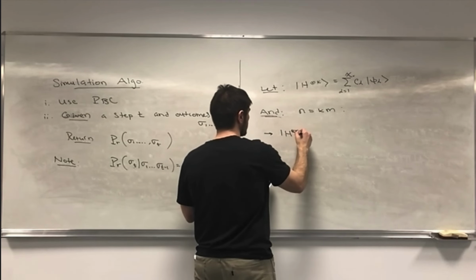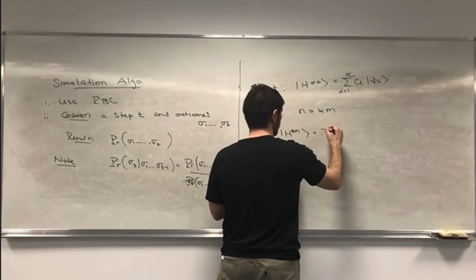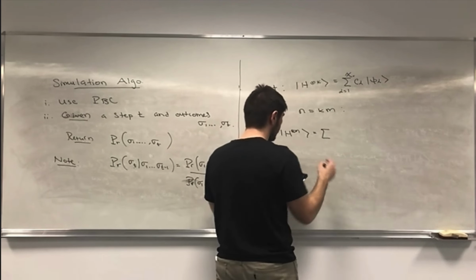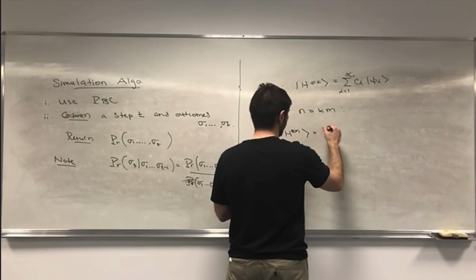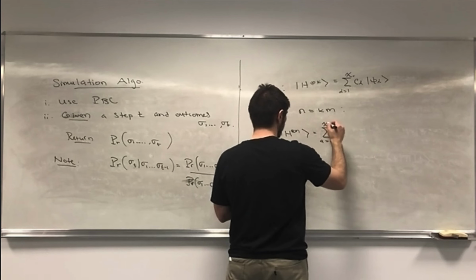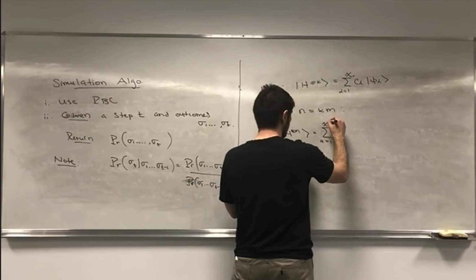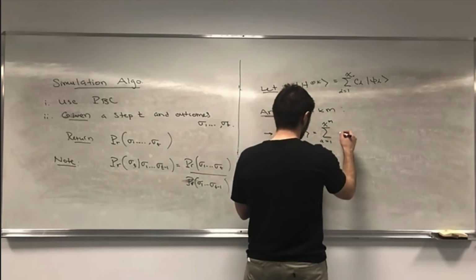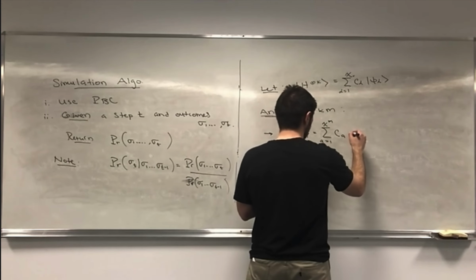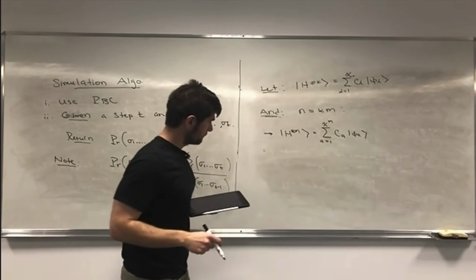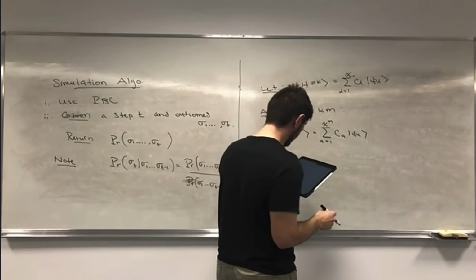H to the m is equal to, now the notation here is probably not perfect, so I'll have to explain what I'm doing. A equals 1 to chi to the m, Ca by A. Okay, so a couple of things here.